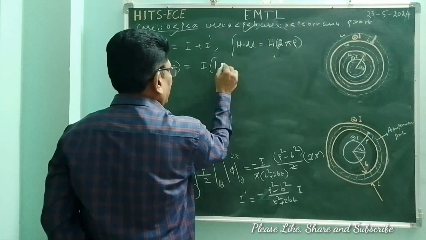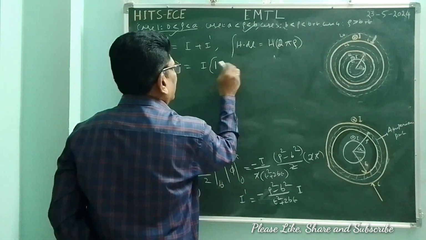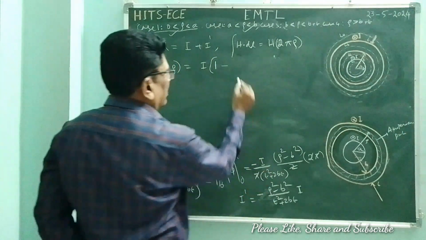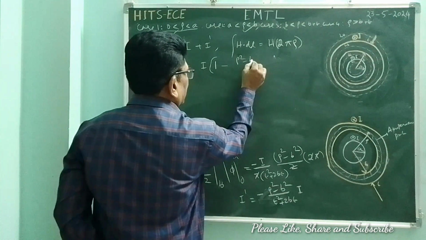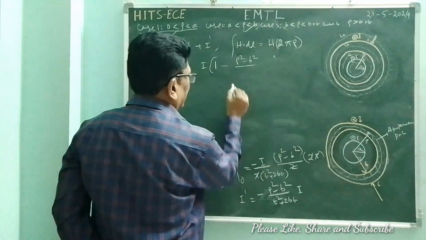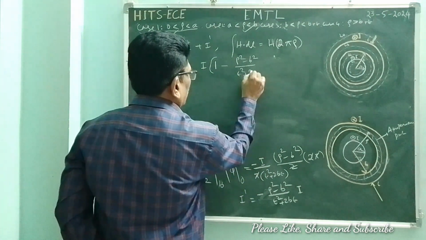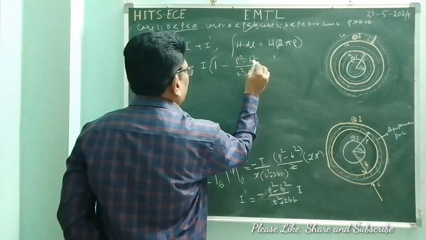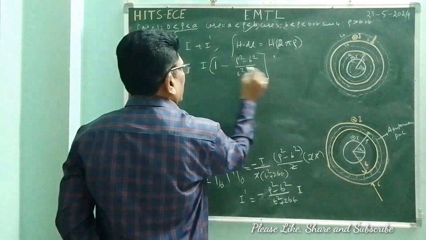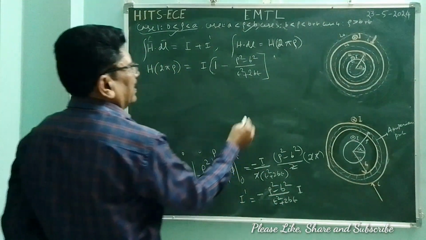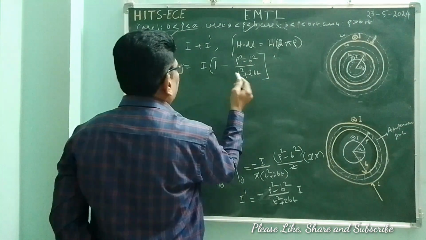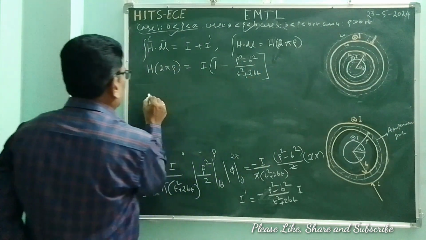I am taking I common, it is 1 minus (rho square minus b square) by (t square plus 2bt). What is H now?